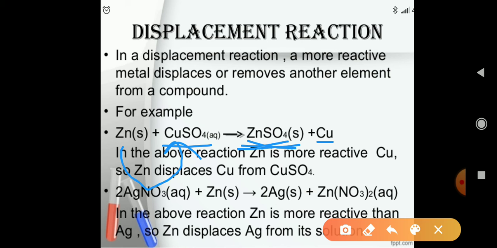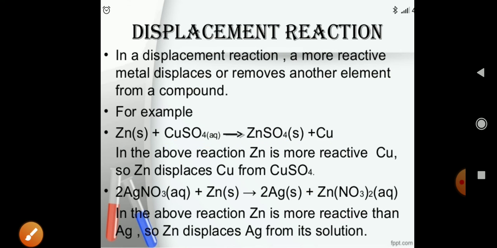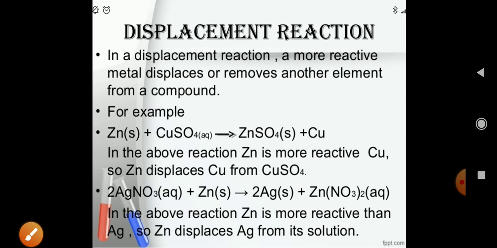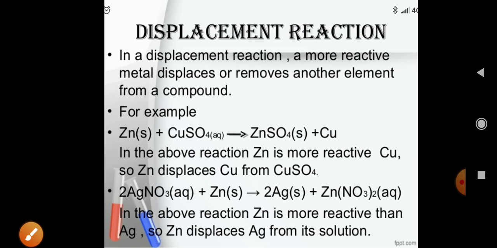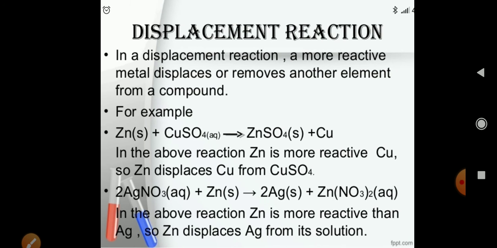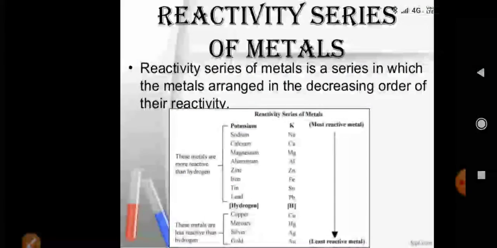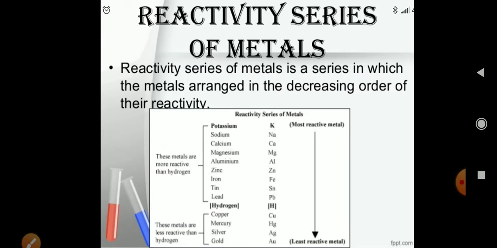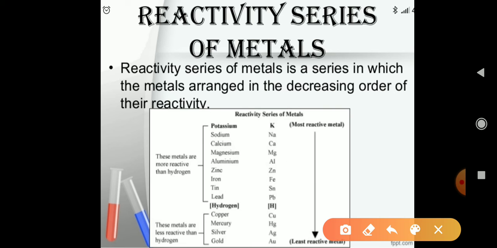If we see the chart again, zinc is more reactive than copper and therefore zinc displaces copper. In this series, here we can see zinc and here is copper. Zinc is more reactive while copper is less reactive, and therefore this reaction takes place.